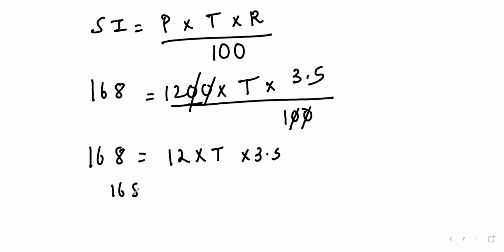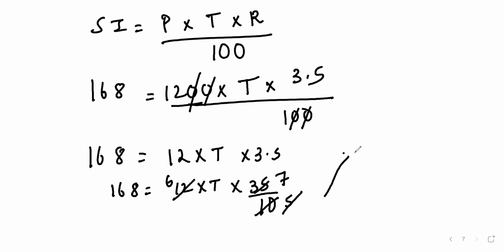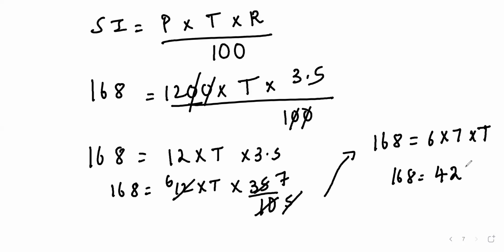It's a decimal, right? 35 over 10. 2 6s are 12, 2 5s are 10, 5 1s are 5, 7s are. So if you calculate, you'll get 168 is equal to 6 into 7 into T. So 168 is 42 into T.